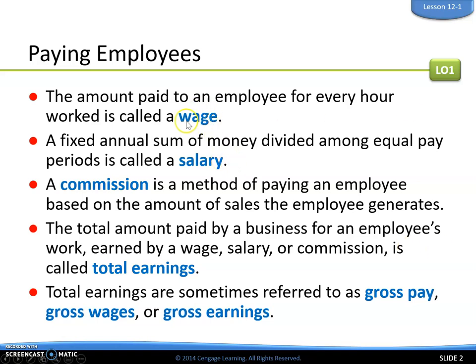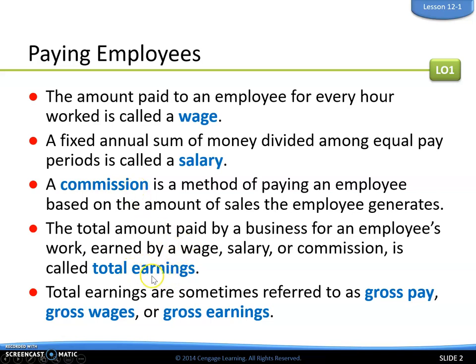So typically when we have an employee, we are either going to pay them a wage or a salary. Wage means that you get paid for every hour. A salary is that we have a set amount for the year and then we break that up among periods of time. Commission is like an additional way that we may pay an employee, and that's usually going to be a percentage of sales or something to that effect.